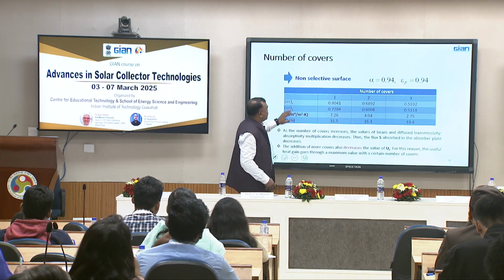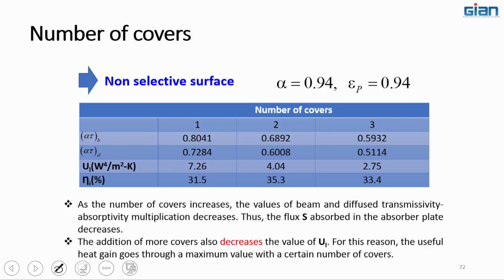Now, you see non-selective surfaces, we have first 1 cover, 2 cover and then 3 cover system. As you see the efficiency, it is 31.5 with a single cover, 35.2 with 2 covers, and if we apply 3 covers, then it is 33.4.